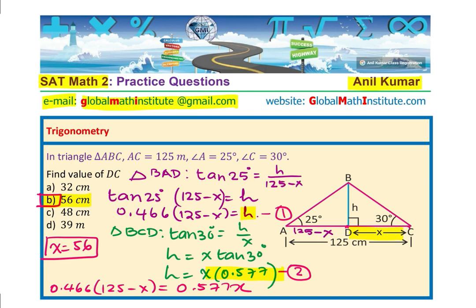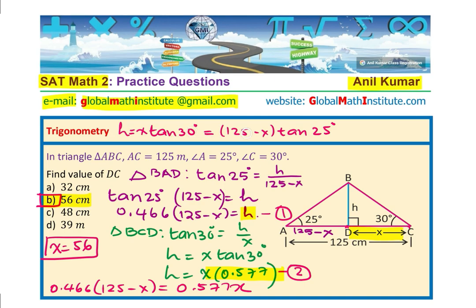Do you understand how we solved this question? So basically, we related the height H in terms of both the tan angles, right? So the summary here is that H is equal to X times tan 30, and that is also equal to 125 minus X times tan of 25 degrees.